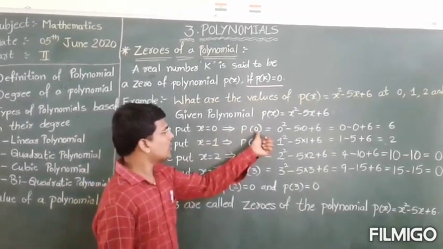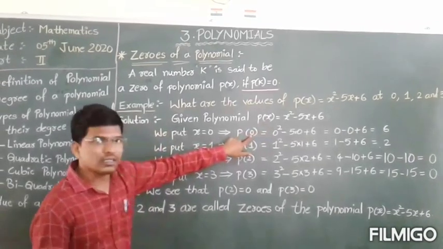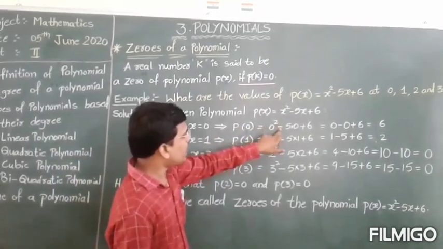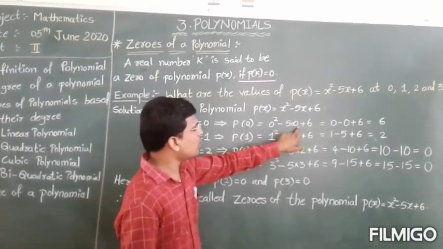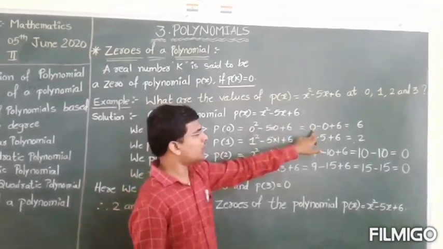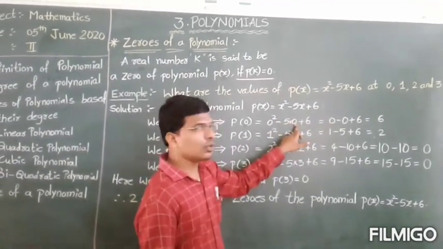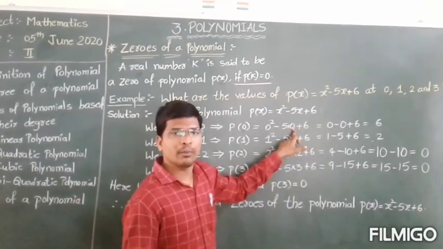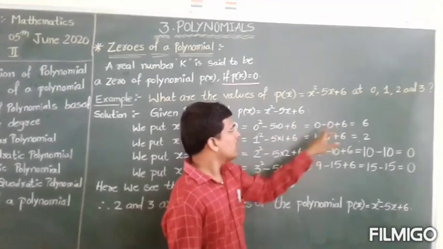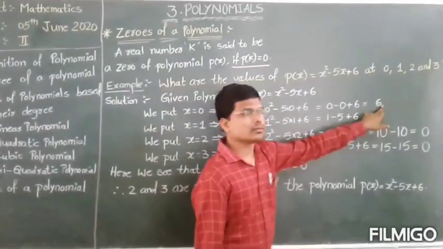P(0) means in the place of x, I am writing 0. Substituting 0: 0² − 5 × 0 + 6. 0 square means 0 into 0, which is 0 only, minus 5 into 0, and 0 into anything is 0 only, plus 6. So 0 minus 0 is 0, 0 plus 6 is 6.